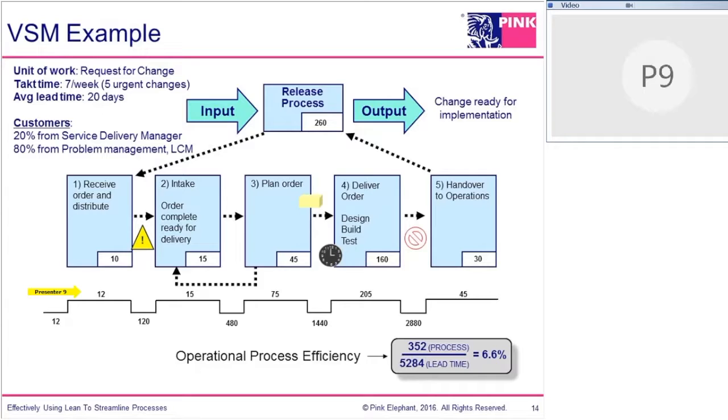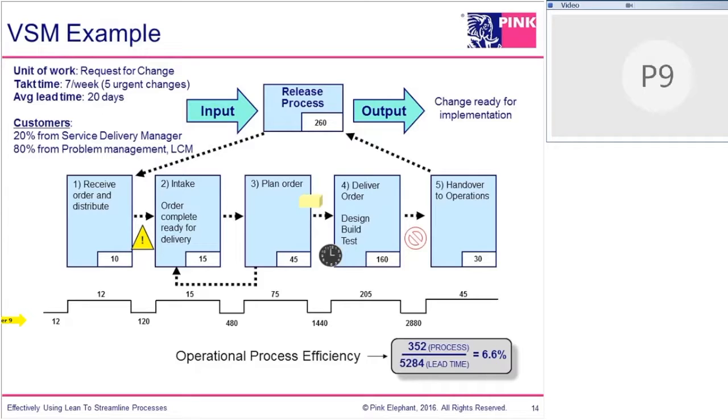And then we add all the numbers on the bottom level, and we come up with a number, and we add the number that we came up with at the bottom to the number we came up with at the top, and that's lead time, which is the total amount of time it took from the beginning of asking for this change until the change went in. And that's called lead time.